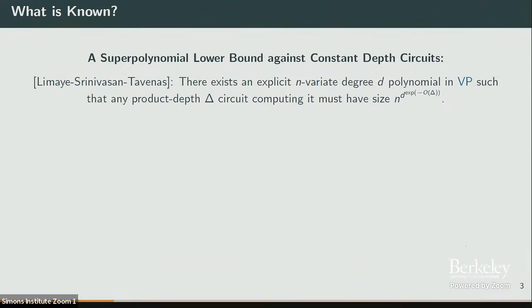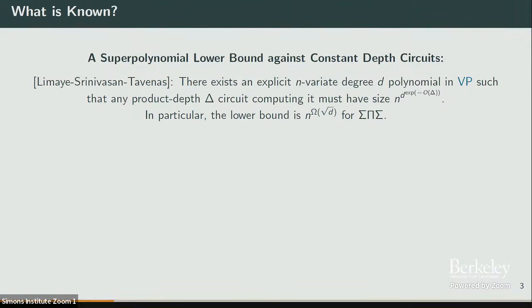And what is known? There are many restricted classes, as was mentioned in Anama's talk, but for now I'll just talk about constant depth circuits. Recently, in a breakthrough result, the first super-polynomial lower bounds were shown against constant depth circuits, and in particular for depth 3, the lower bound is n to the omega root d.